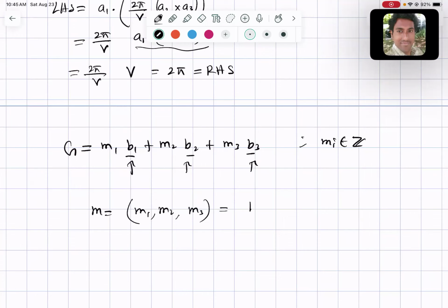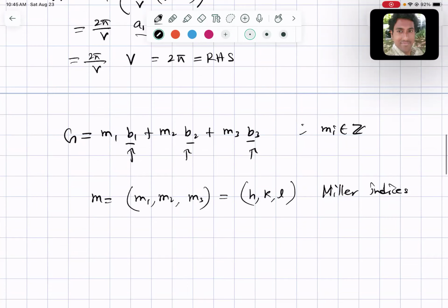Sometimes they are written like this, H, K, L, and these are called Miller indices. This name is important, plus it's useful when you do X-ray diffraction, for example. So we can write G_HKL as H B1 plus K B2 plus L B3.